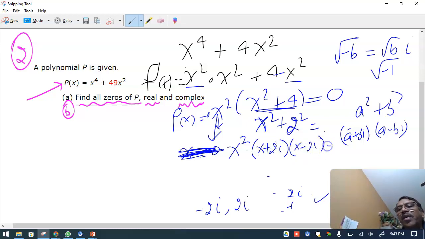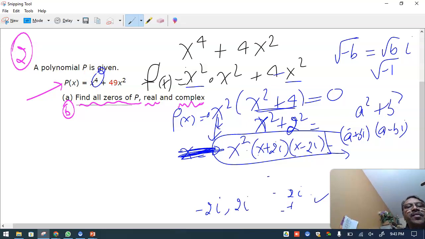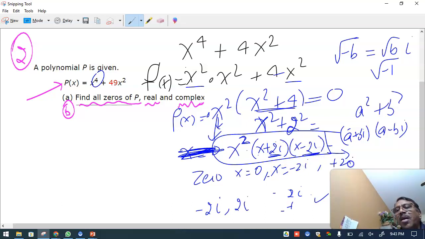So your factorization is complete. This is the full complete factorization. Degree is 4, so you have 4 factors. X is repeated, and the zeros are x equals 0, then x equals the opposite of plus 2i, which is minus 2i, and the opposite of minus 2i is plus 2i, and you are done.